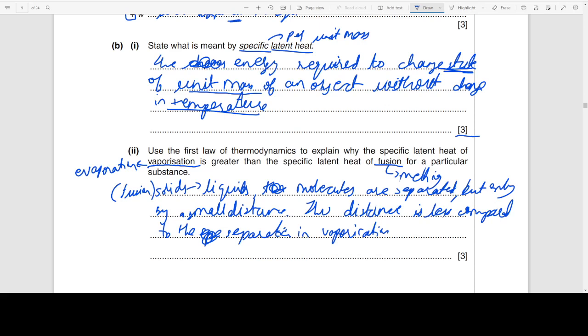There's more energy required during evaporation because there's greater change in separation, which means there's even greater change in volume from liquid to gas. There is a greater value of delta V, and we all know work done is P delta V. If delta V is greater, even W is greater. That's why, since liquid to gas, which is vaporization, has greater delta V, the specific latent heat of vaporization is greater than the specific latent heat of fusion.